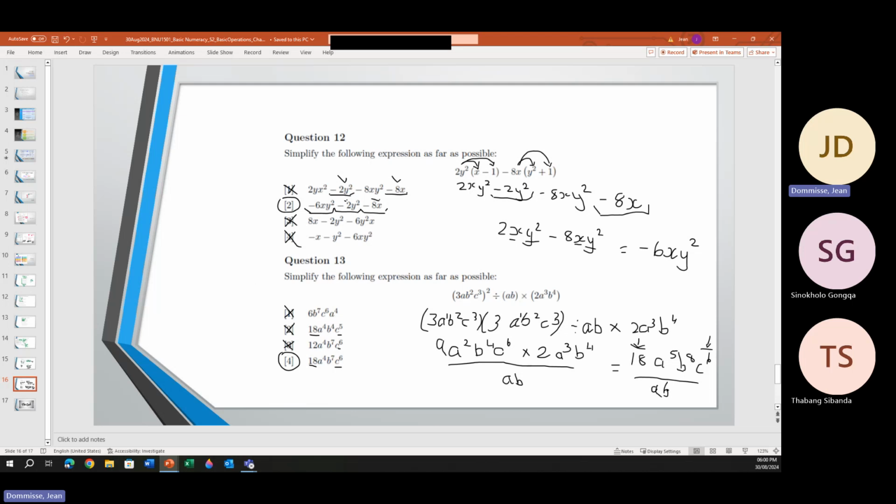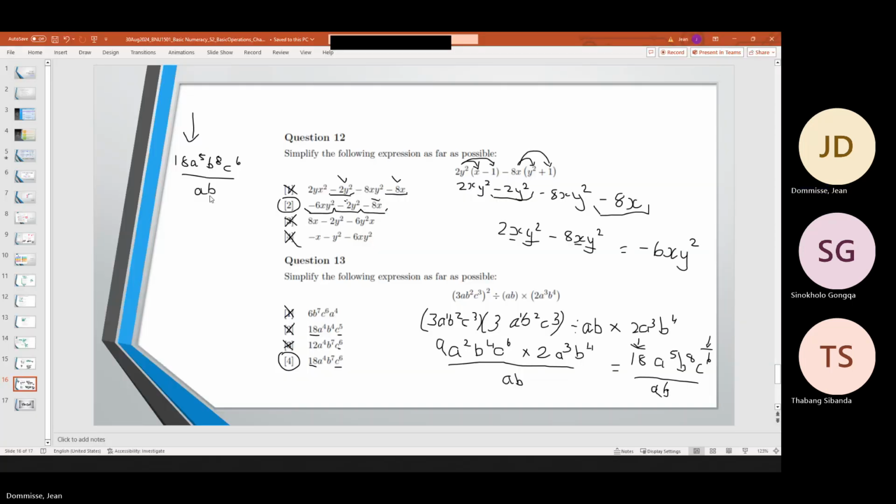I'm just gonna start from here again where we have a bit more space. So we've got 18 A to the power of 5, B to the power of 8, C to the power of 6, and we divide by AB.